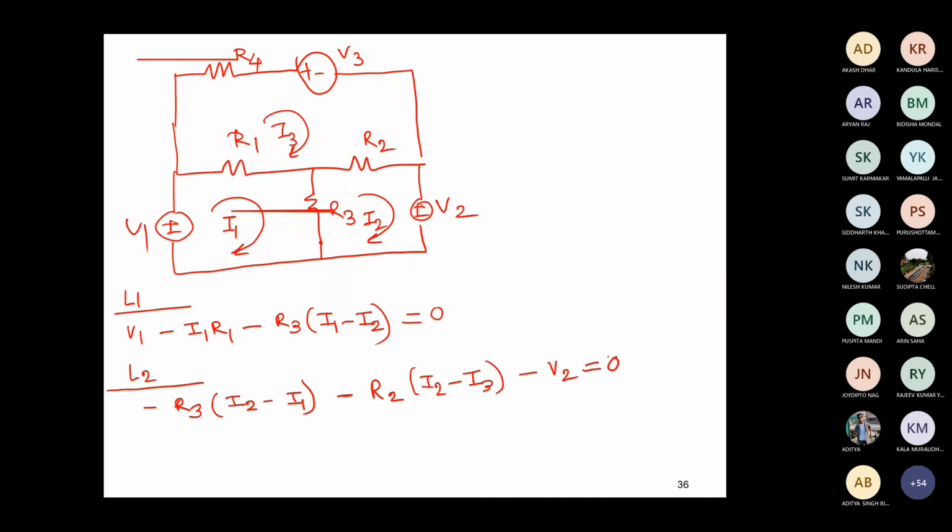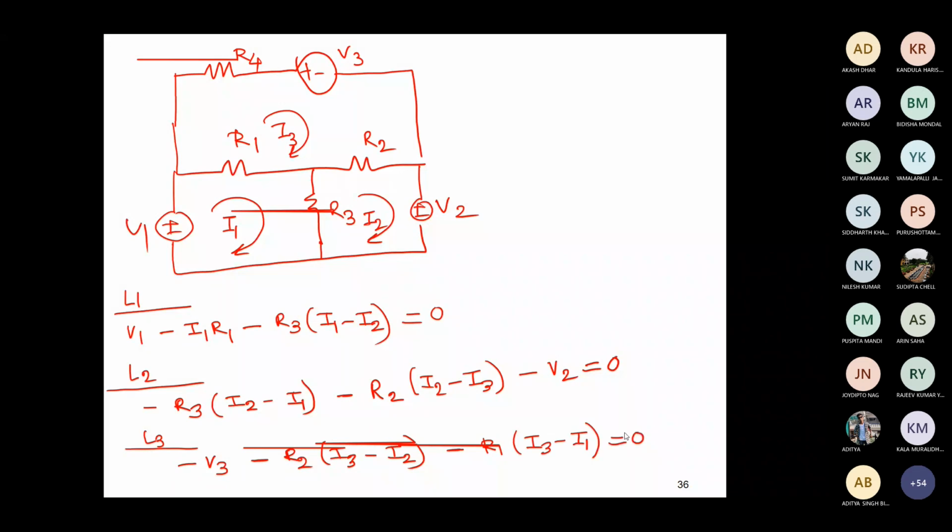So this is another loop, and the third loop is minus V3 minus R2 into I3 minus I2, minus R1 into I3 minus I1. So these are your loop equations.